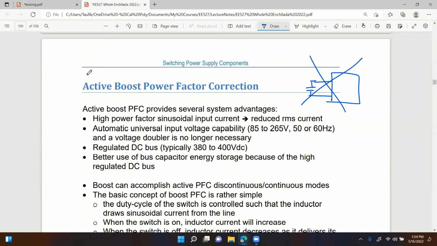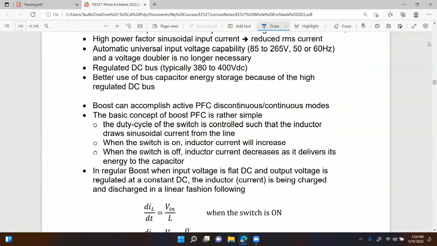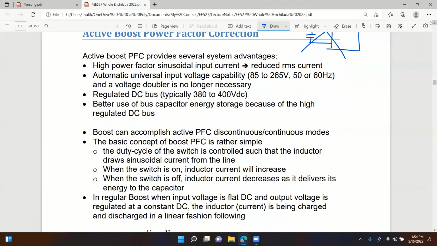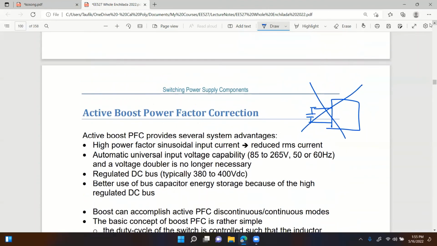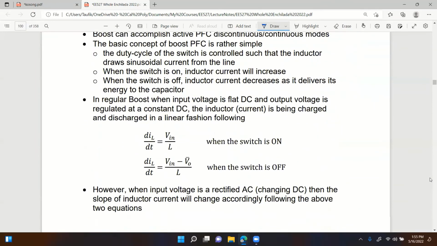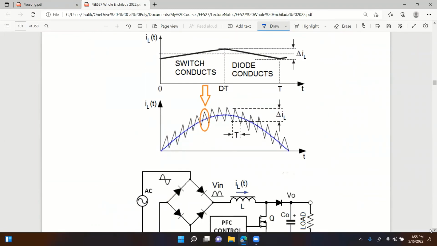One way to correct the power factor is by using boost power factor correction, so a boost converter is what we use. I'm running out of time, but basically, do I have a diagram here somewhere? Yes, right here.